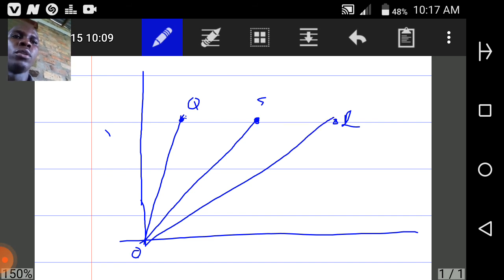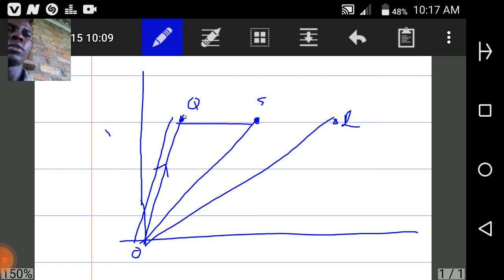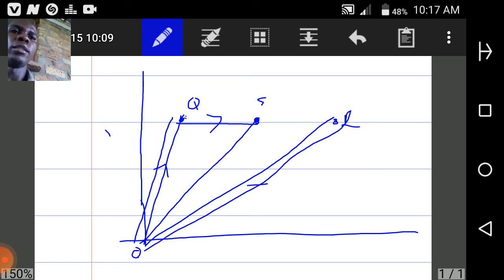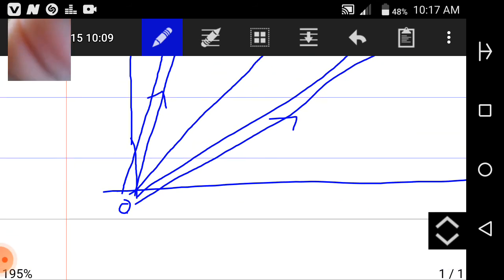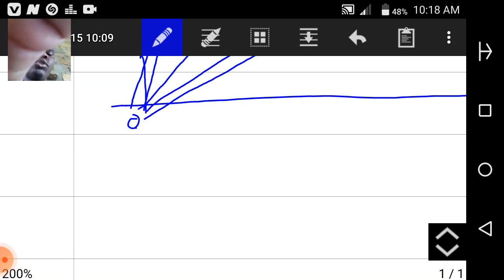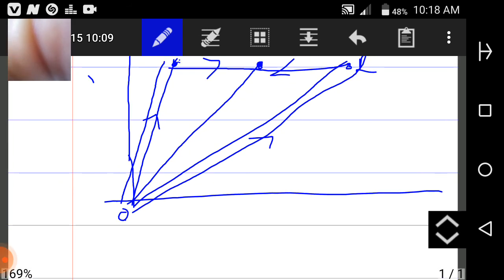Remember, this is OQ. To get OS, someone may move from OQ, which is this distance here, then plus QS. Or another person can move from OR, then plus RS. Any direction you move will give you the same answer, but in my case, I'm going to move from OQ to OS.